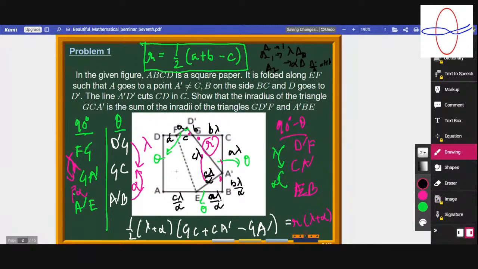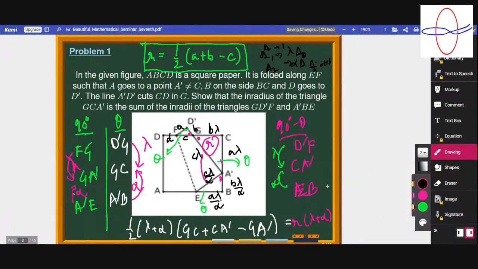Right, guys? These are the lengths you got. Now, what are the relationships you have now? Tell me the relationships you can derive from here.